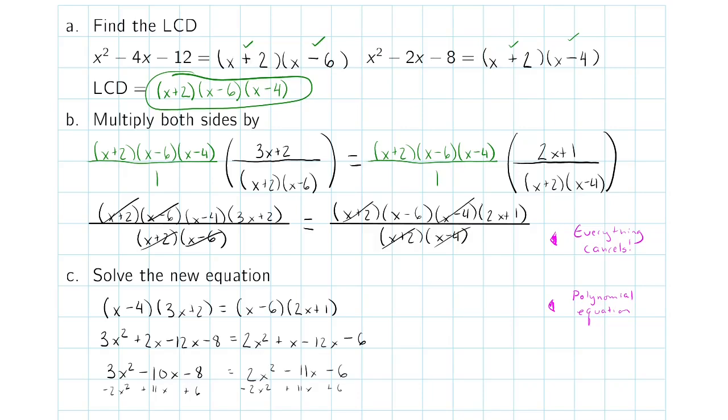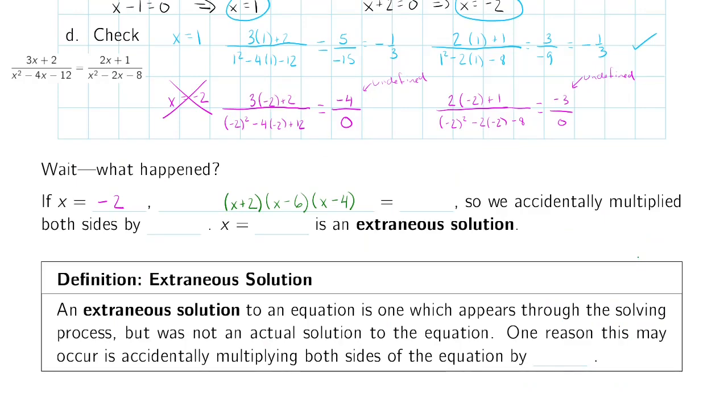If I plug in x equals negative 2, that'll be negative 2 plus 2 times negative 2 minus 6 times negative 2 minus 4. That's 0. If x equals negative 2, my LCD is 0. So when we multiplied both sides by that LCD, we accidentally multiplied both sides of the equation by 0.